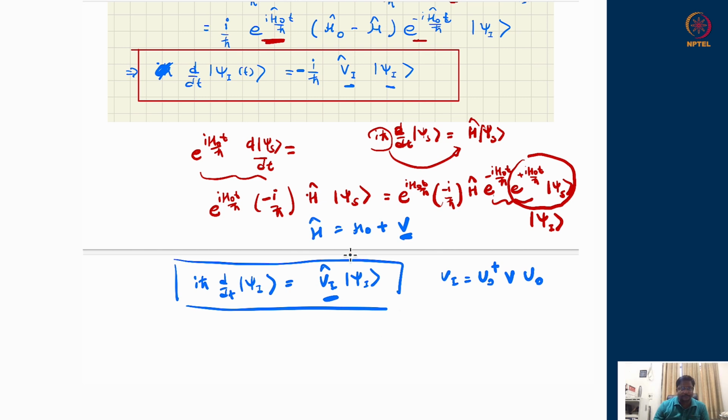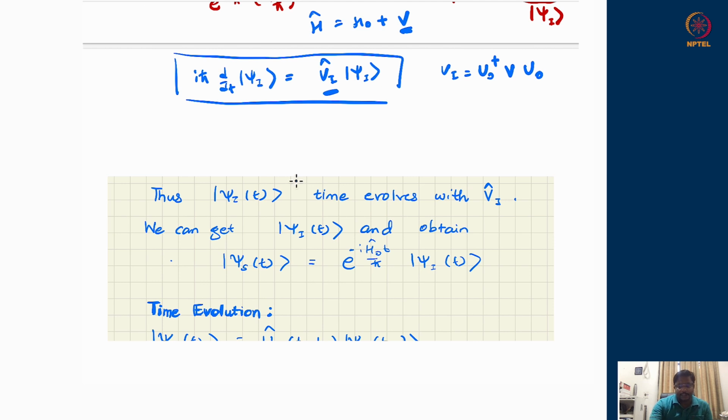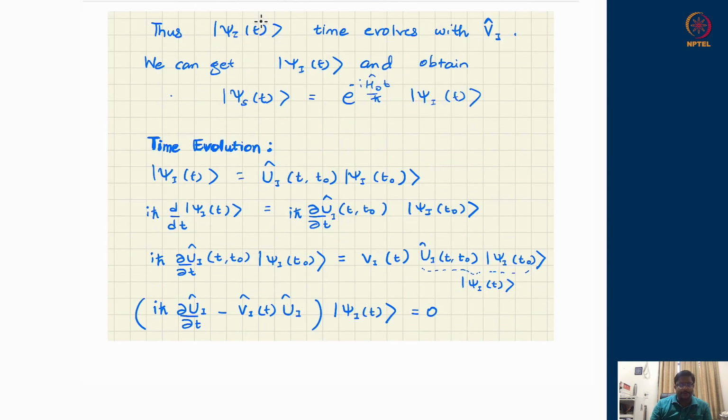All right. So the information which we just obtained by going to the interaction picture is that the interaction ket psi I time evolves with V I. V I is the potential or the perturbation Hamiltonian in its interaction version, and that plays the role of the Hamiltonian for psi I, and you can evolve the system with respect to this new Hamiltonian and obtain at a future time what would be psi I of t.